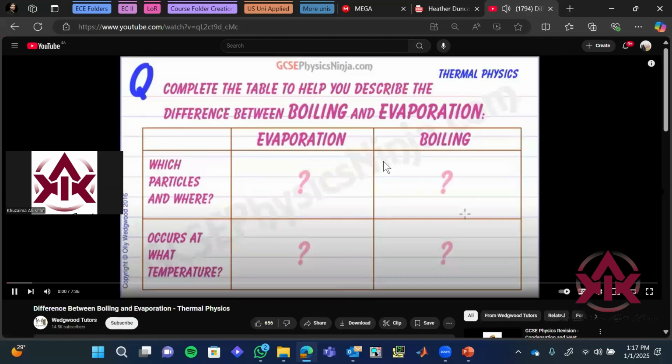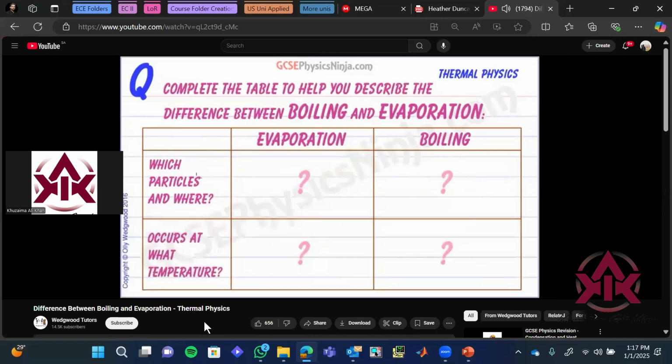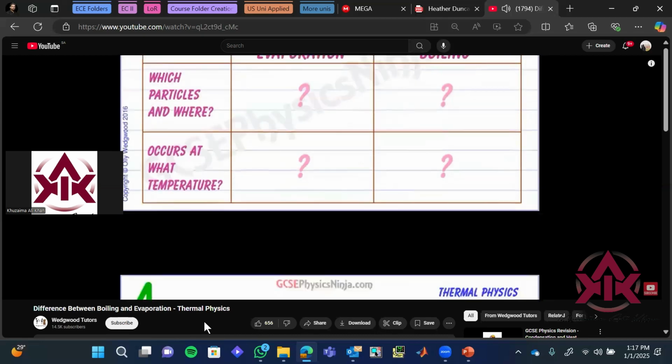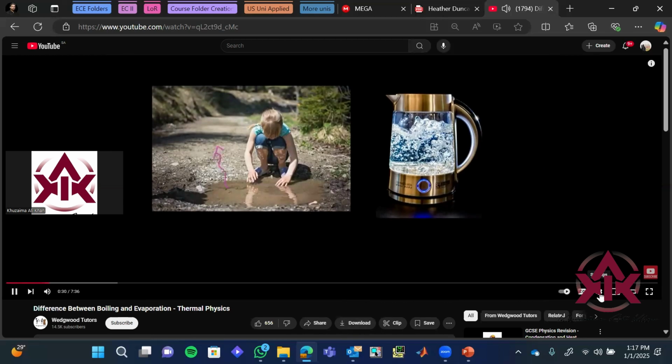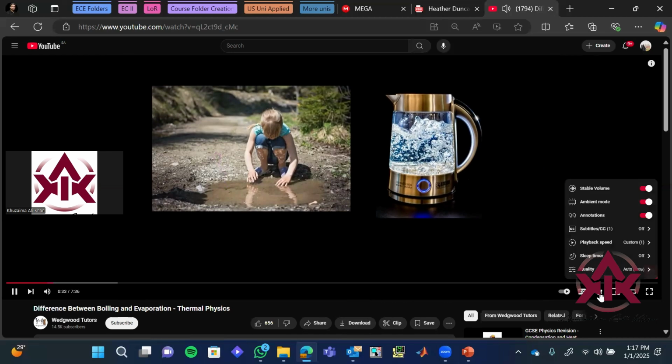So what is the difference between boiling and evaporation? What we're interested in is which particles of the liquid are involved and where, and at what temperature evaporation and boiling occur. On a cool day, a puddle will eventually evaporate, and that liquid will turn into a gas, into water vapor.